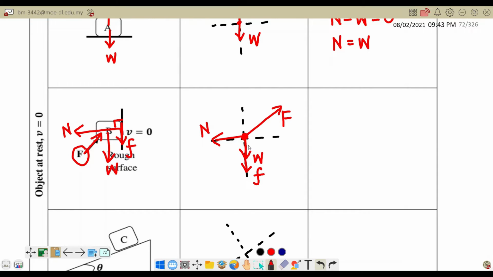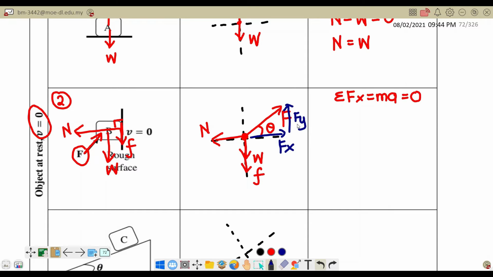For question number 2, we have both x component and y component, so we need to resolve them one by one. Fx equals ma. Always start with this equation. Because the question says v is 0, Fx equals 0. How many forces involve Fx? We have the external force, which we can resolve into Fx to the right and Fy upward.